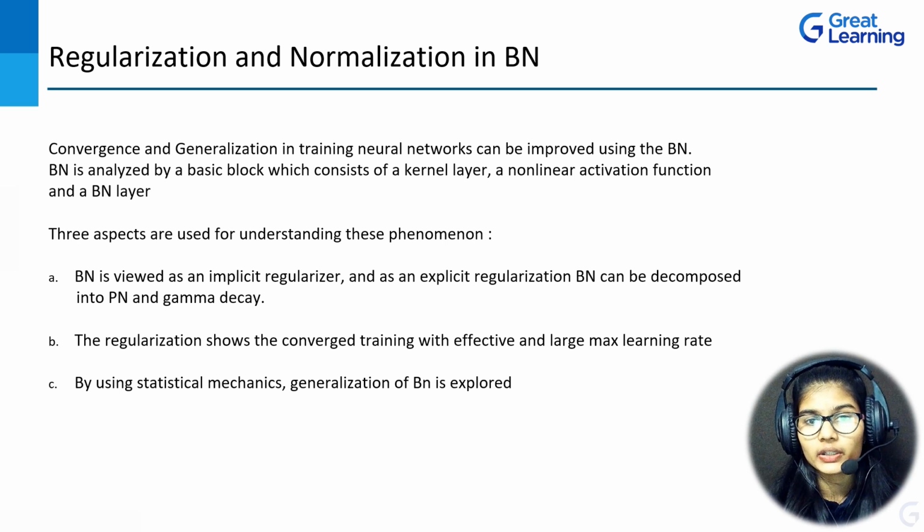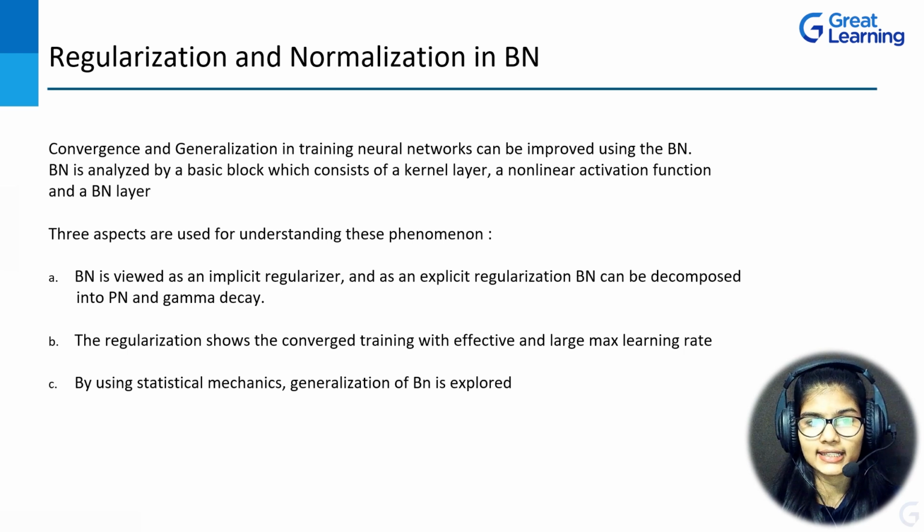Okay, so in training neural networks, convergence and generalization can be improved using batch normalization. Second, batch normalization is analyzed as a basic block which consists of a kernel layer, a nonlinear activation function, and a batch normalization layer.